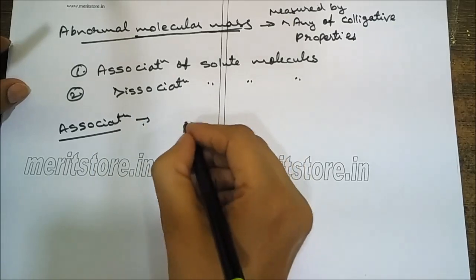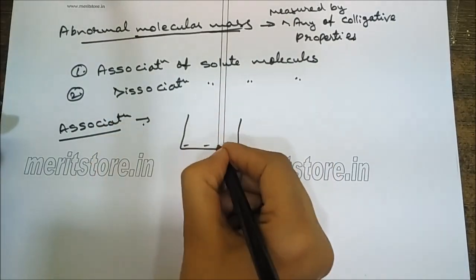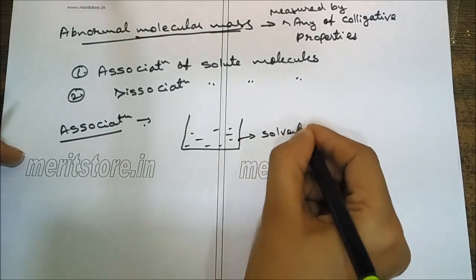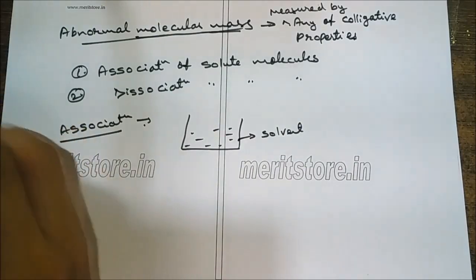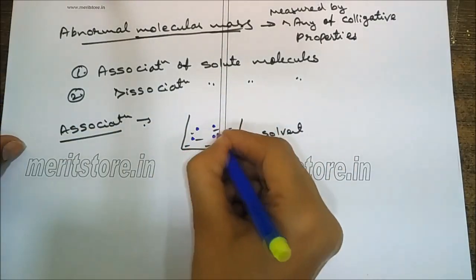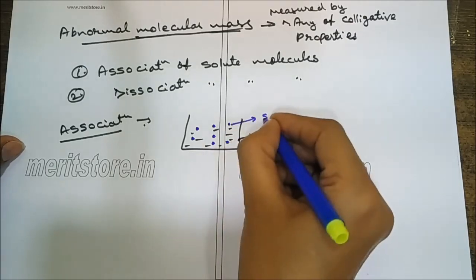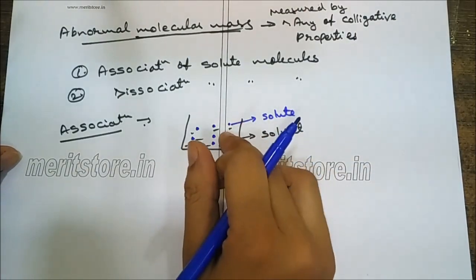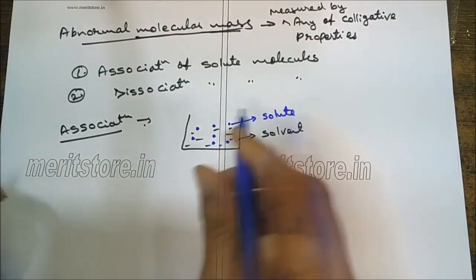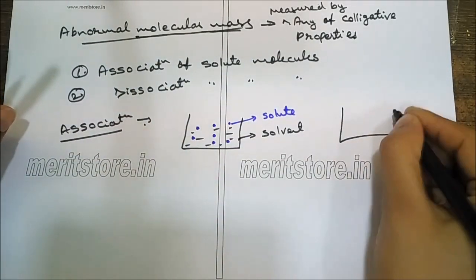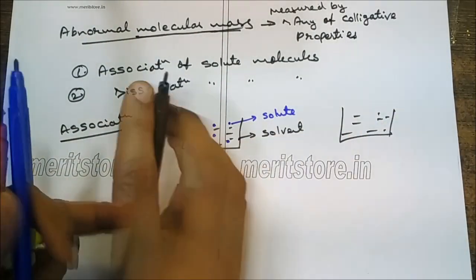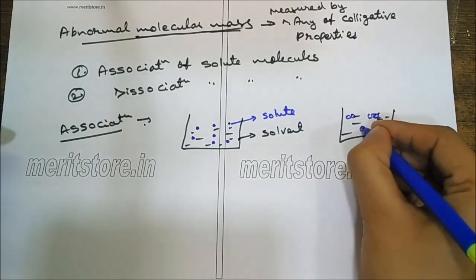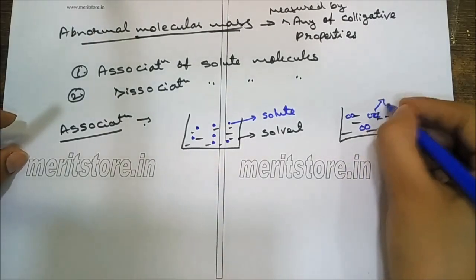This is our solution, or we can say solvent, and here it is our solute. When solutes in solution associate, means they get together, like this, so this is association.